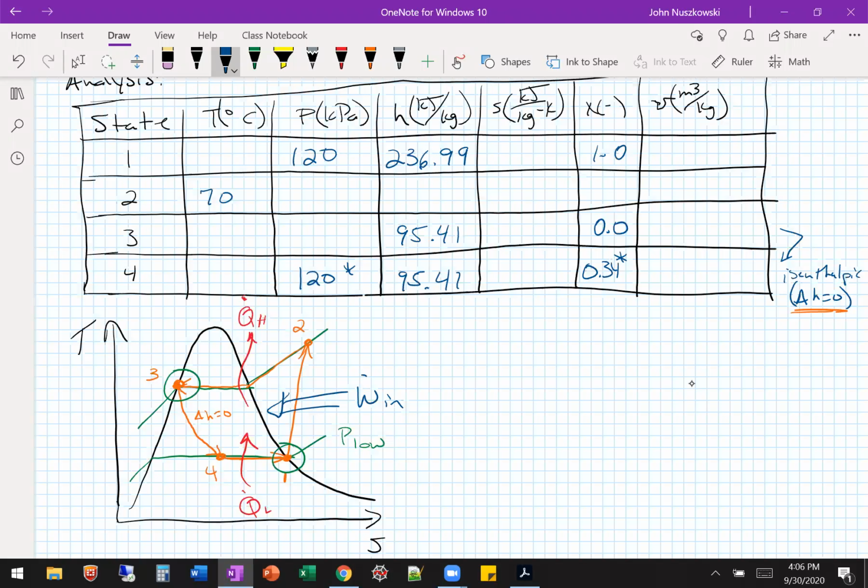We have the power, but we don't have the work for the compressor. So that means if we did a COE on that, mass flow rate is also an unknown. Any other ideas? Maybe from information from the other states.